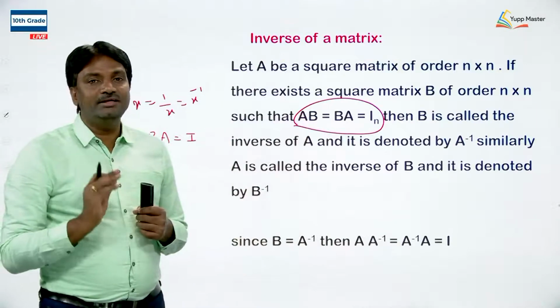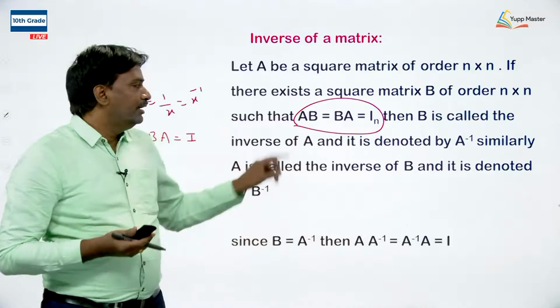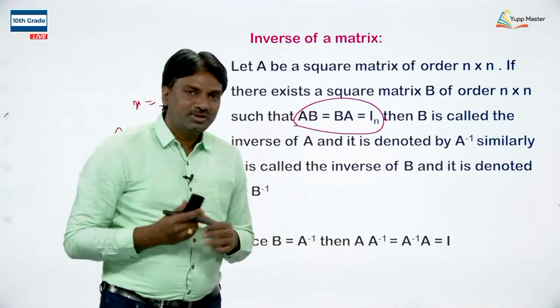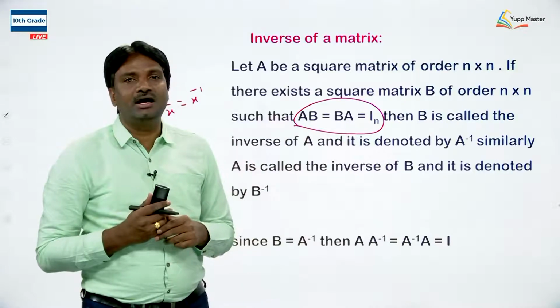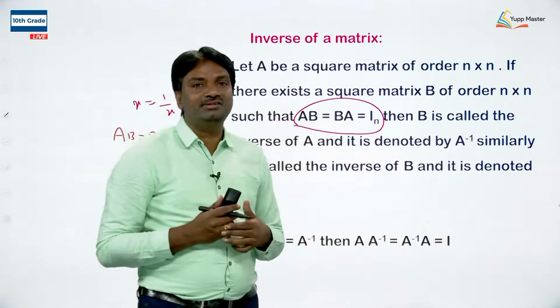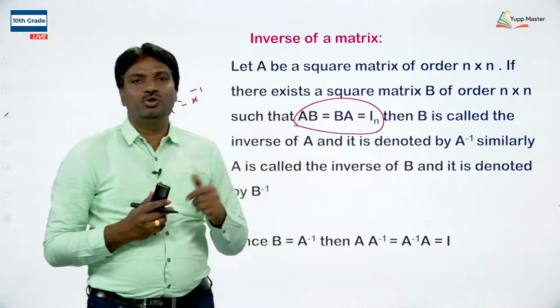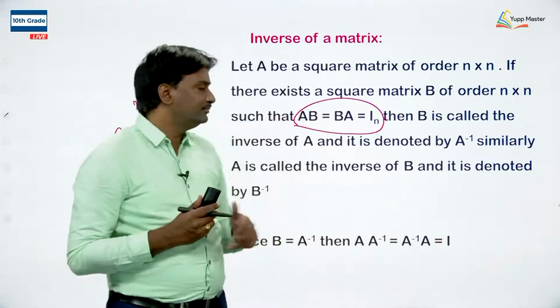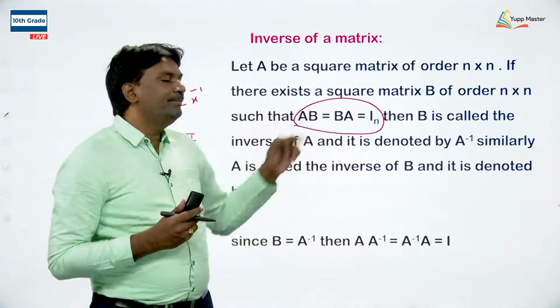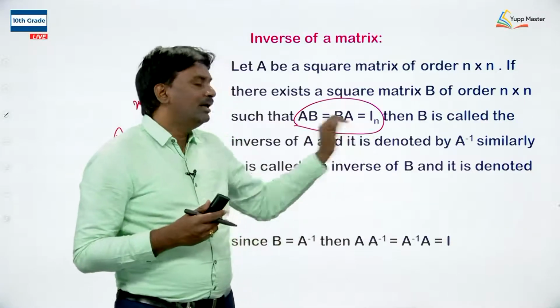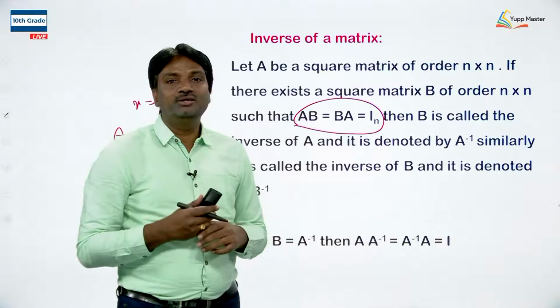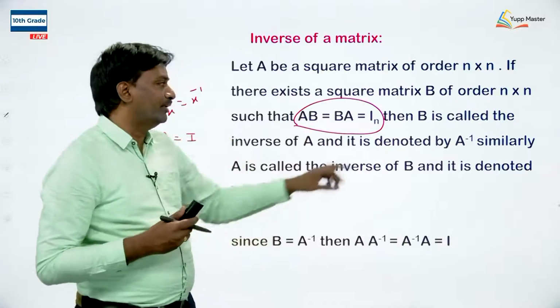IN means the identity matrix of order 3 by 3. If A and B are two square matrices of order 3 by 3, then we can take the identity matrix as I3, that is 1 0 0, 0 1 0, 0 0 1. If A and B are 2 by 2 square matrices, then this can be written as I2, which is nothing but 1 0 0 1.